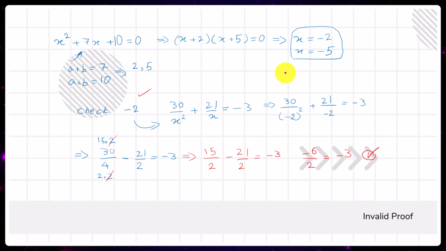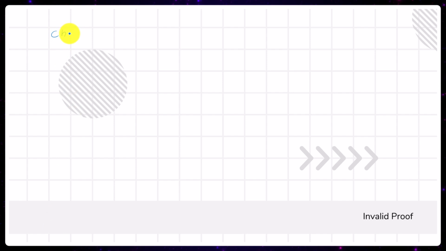So -2 is done. Now we are going to check -5. Let's just rewrite the equation, but with -5. I'm just skipping rewriting the equation itself.